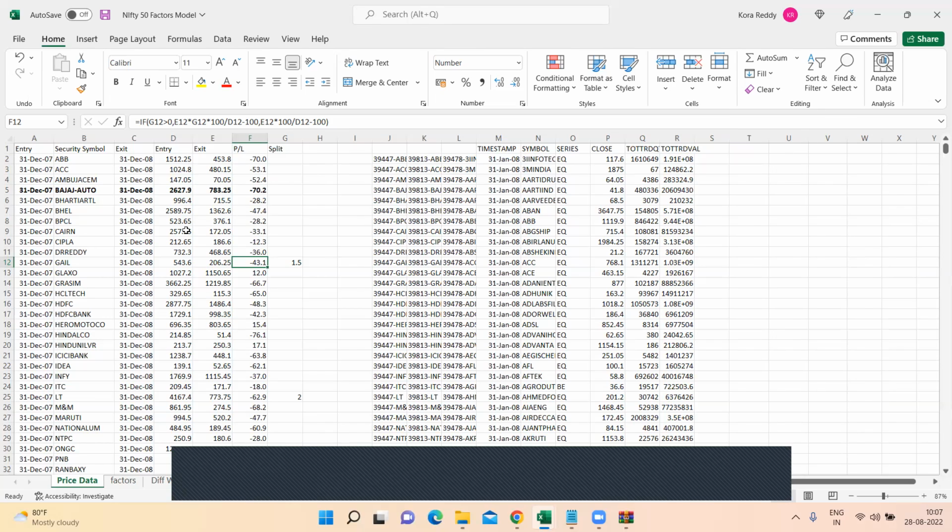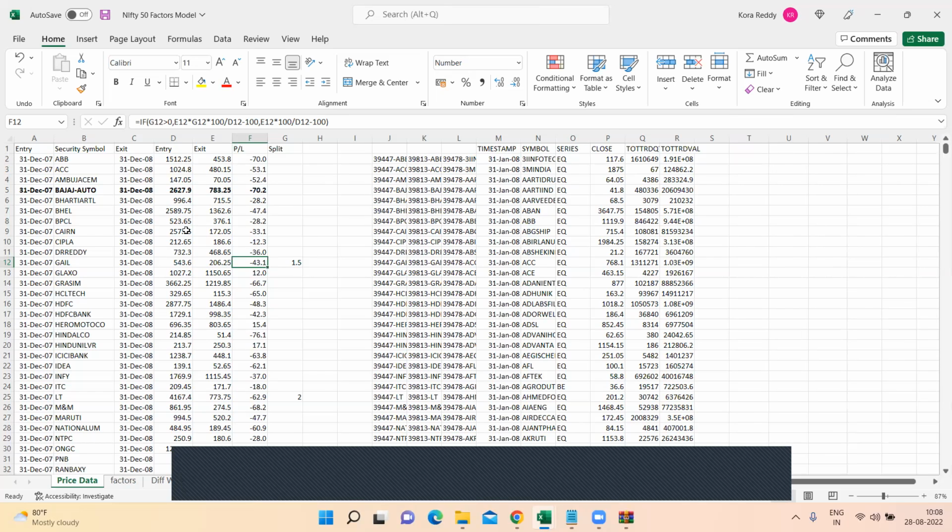I'm not doing dividend adjustments in this file for 2 reasons. One is that anyway we have to pay slippage when we are buying and selling, and also a little bit of brokerage, STT and all those things. So I consider dividend as a cost of doing business, like buying and selling the shares.